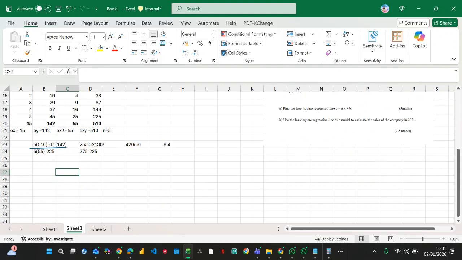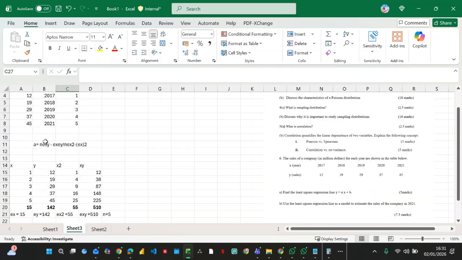So what we're going to do here now, right? Since we have y is now equals to 8.4 multiplied by 5 and then plus 3. Do you understand? So you substitute here.